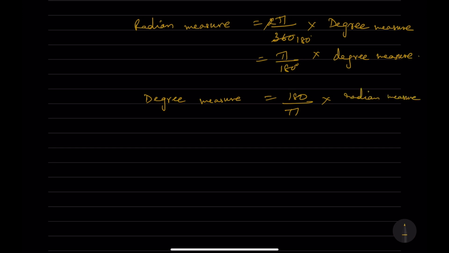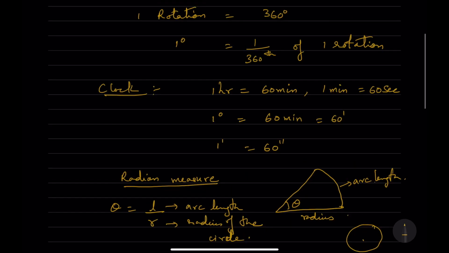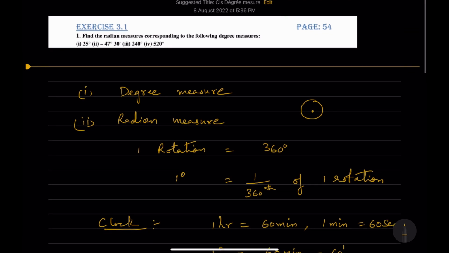Now we'll go into the first problem of our exercise 3.1. Find the radian measures corresponding to the following degree measures.